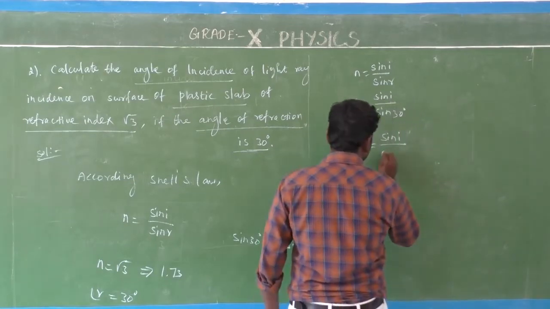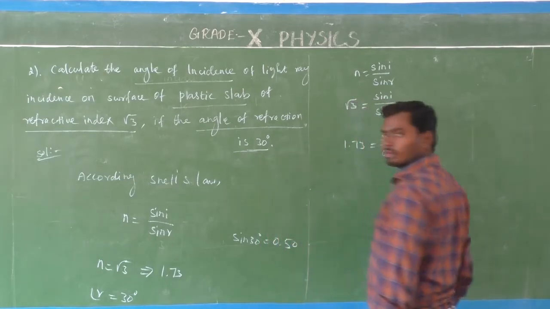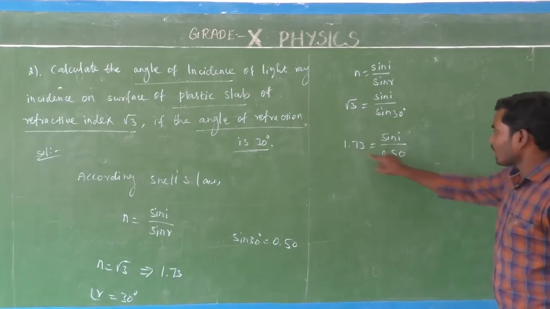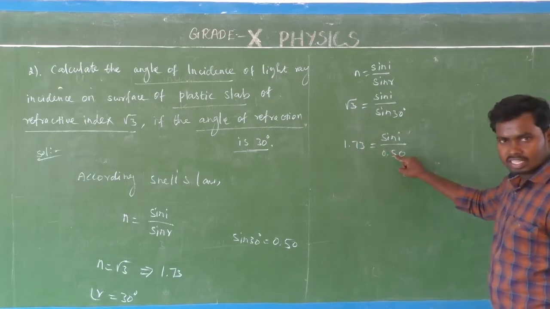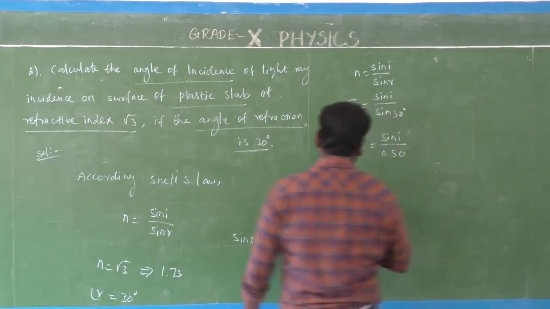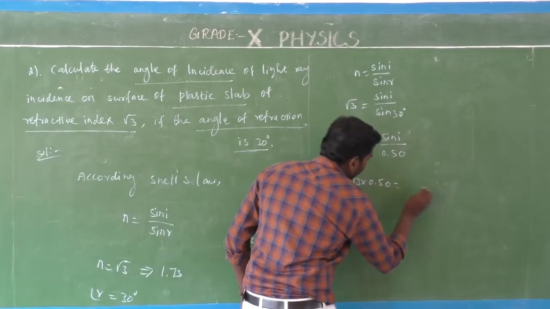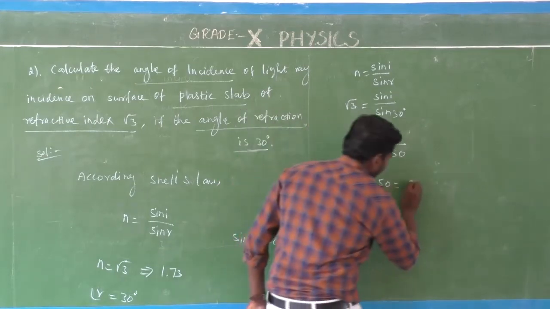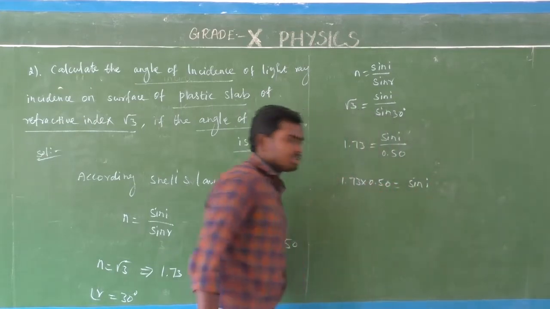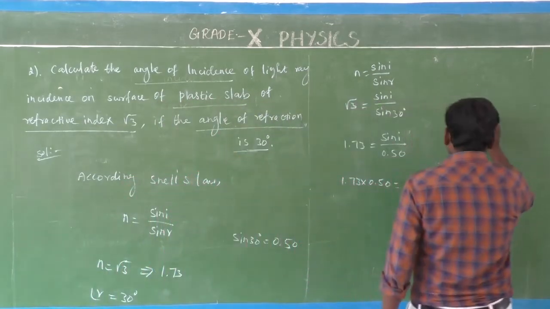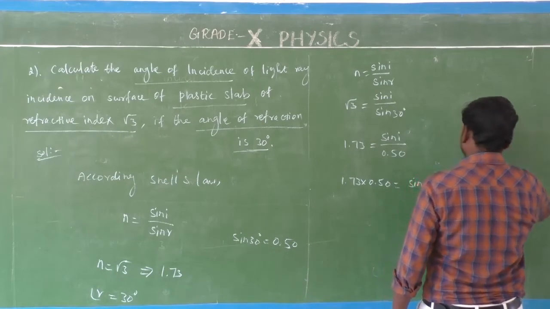We need the sin i value, which means the angle of incidence. So this division changes into multiplication. We get 1.73 into 0.50, that is equal to sin i. Further multiply both: 173 into 5.